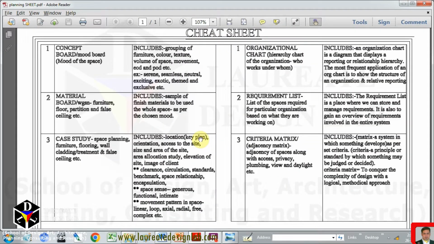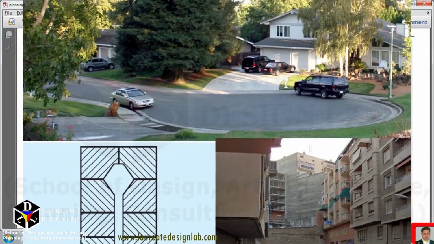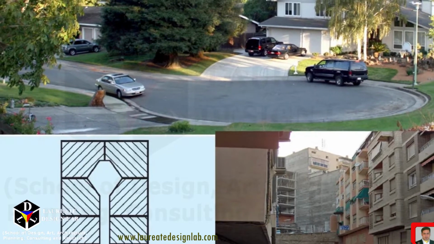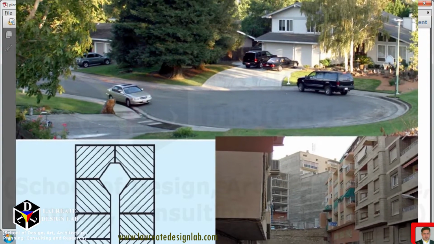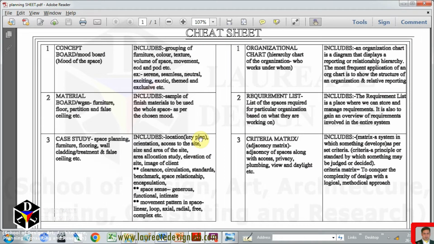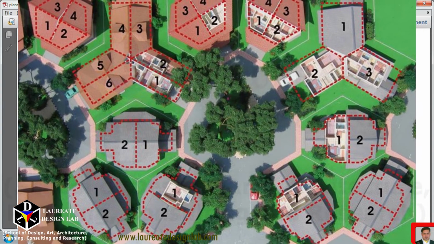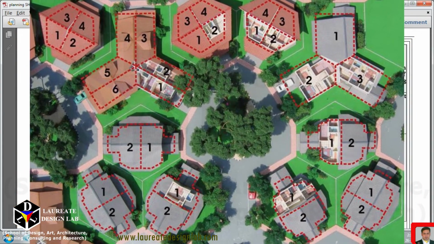Access to the site, how you are accessing the site, whether you need to drive in, or you can walk in from the service road, etc. Size and area of the site. Size matters a lot. When we talk about space, we mean size.